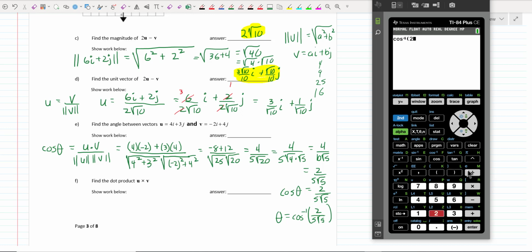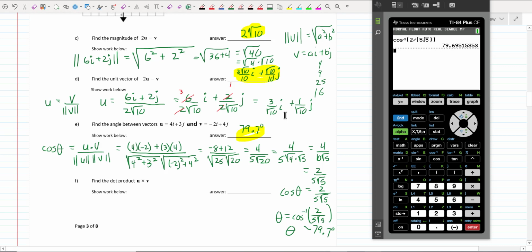Now watch how I do this. You have to put the denominator in its own set of parentheses. If you don't, it's not going to do this right, because that has 2 different terms in it. Then you would get about 79. We'll round that to 1 decimal, about 79.7 degrees. So it's real important that you're careful about how you do that.